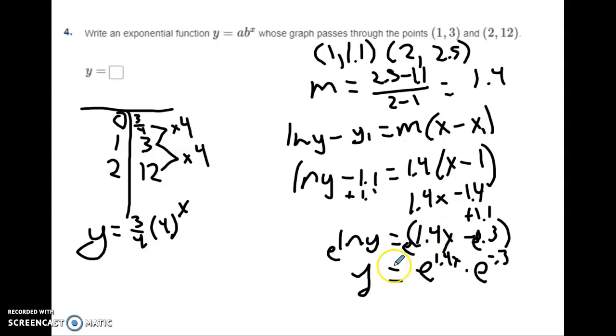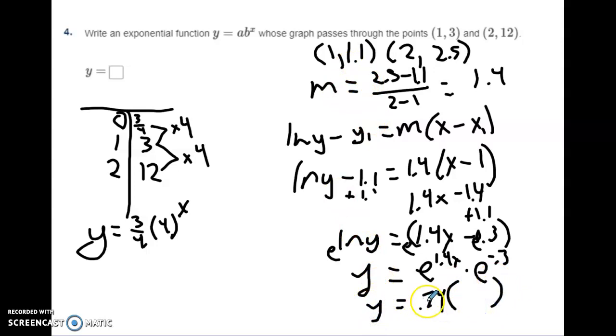E to the negative 0.3 is 0.74. So that's going to be our value that goes into the front. So 0.74, and that's pretty close to 3/4, 0.75. You remember we rounded in here, so that's why it's off just a little bit there.